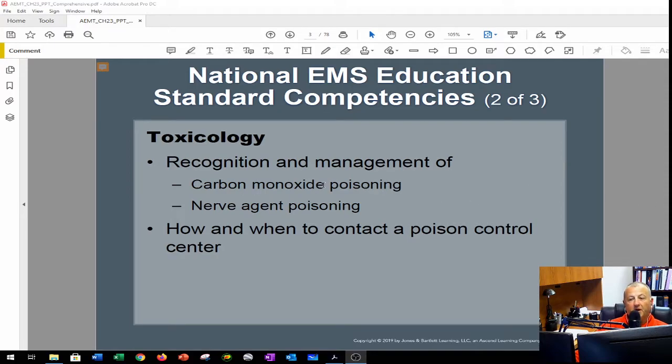And then they have carbon monoxide poisoning, nerve agent poisoning, which we're not going to talk a lot about. There's not that much information about it, and there's zero on my exam on it.